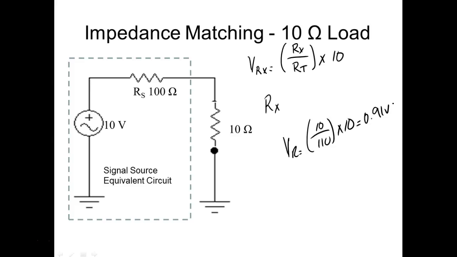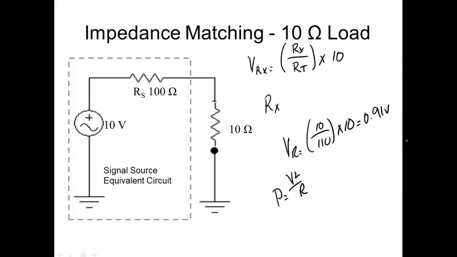Now we could take that and divide it by 10 ohms to get current, then turn right back around and multiply it out, but we don't have to do that. Another formula that we have for power is P equals V squared over R. So I can square the voltage and divide it by R, and that would give me my power.